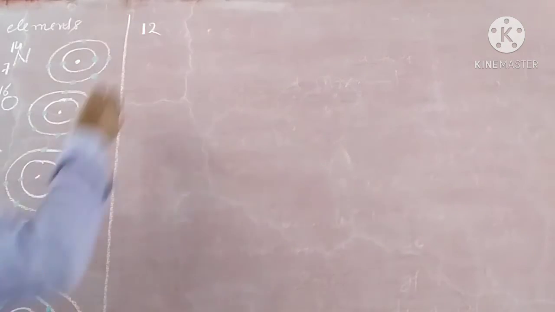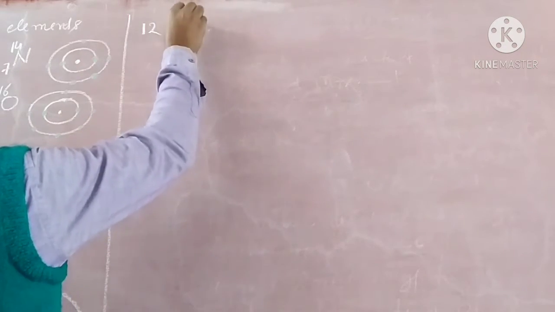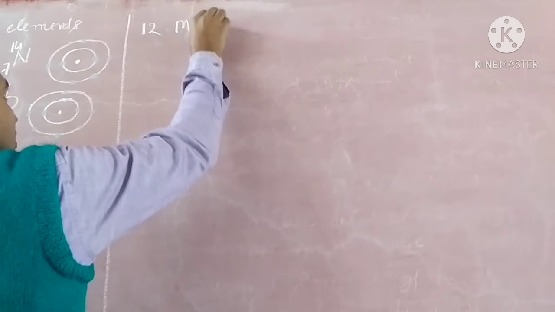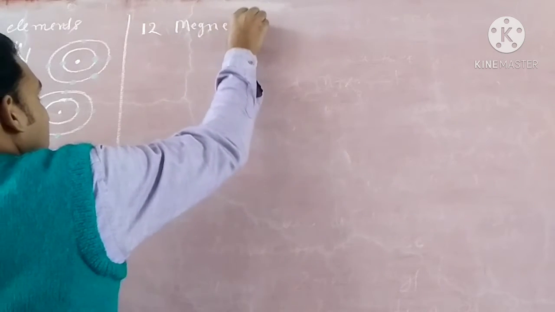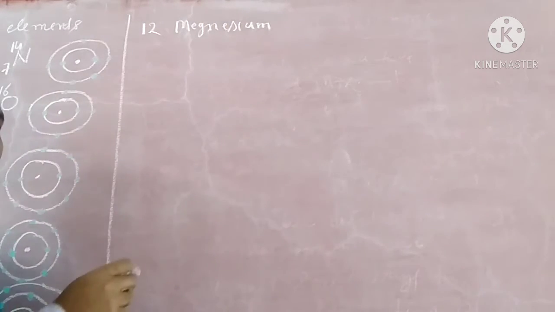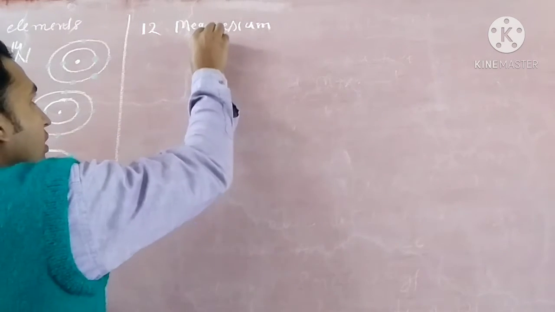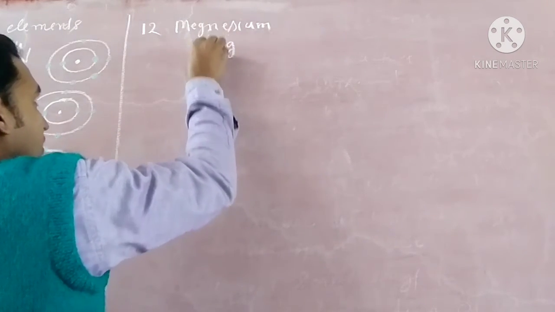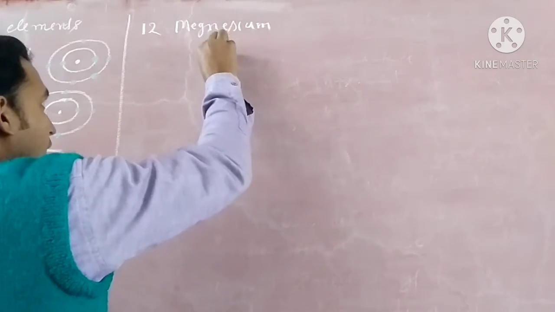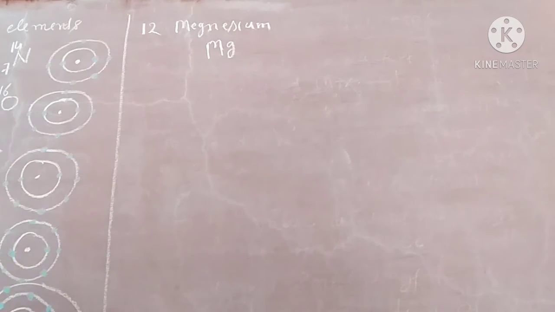The next element, 12, magnesium. Its symbol is Mg. Okay, the first letter is a capital letter and the second is small.